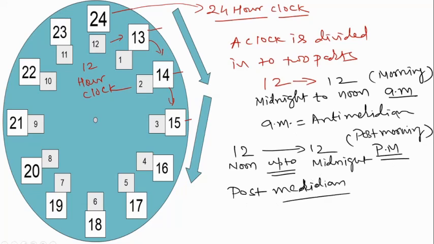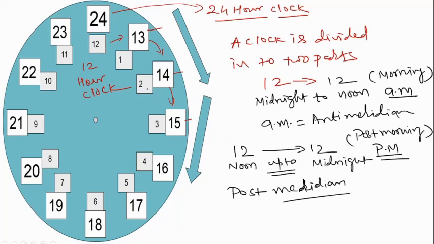So you can remember this 24 hours is divided into two parts, that is night 12 to day 12, again day 12 to night 12, that is called PM.